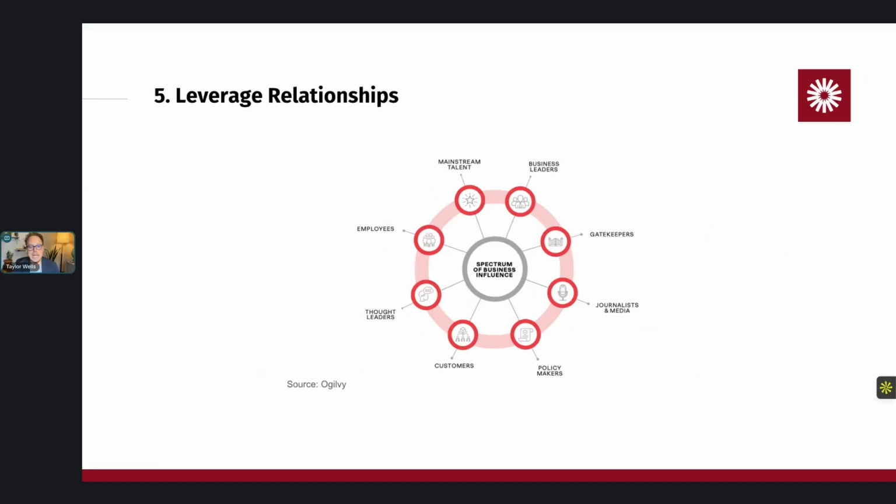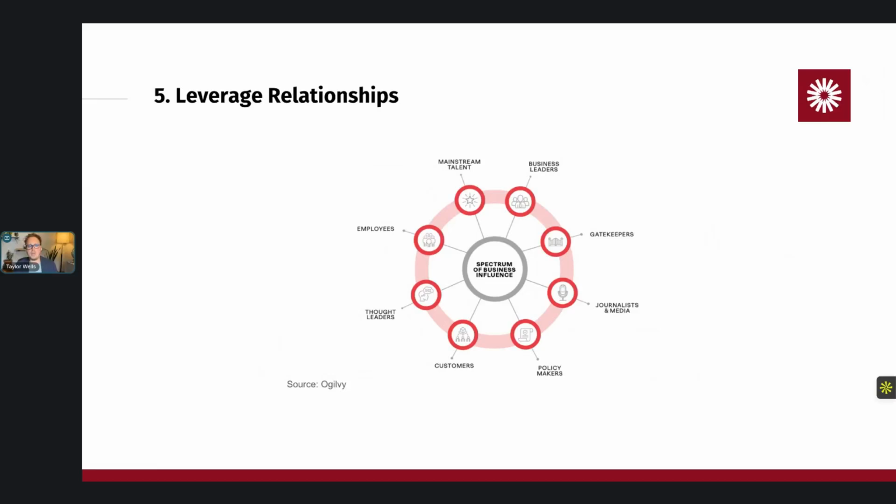Especially in hard to reach markets like CISOs and security buyers, where they're skeptical by nature, rightfully so, right? They're not only getting hit up by salespeople and marketers all the time, but they're also getting attacked by cyber criminals, which sometimes have similar tactics, whether it's email or ads or social media, they're all using similar channels. So they're super skeptical buyers, rightfully so, so think about leveraging the whole ecosystem of relationships.